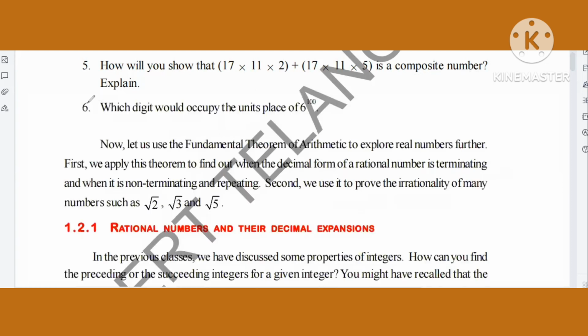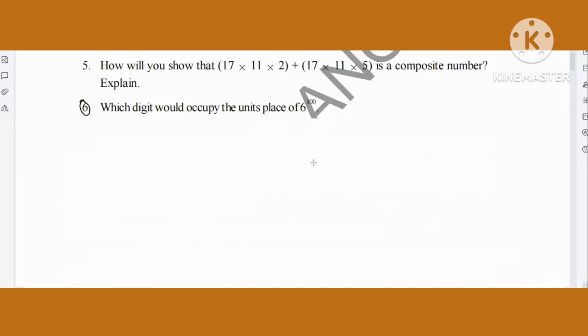And now we go for the last one in exercise number 2, that is: which digit would occupy the units place of 6 power 100? Okay, so here 6 power 100 is there. Let us observe 6 power 1, 6 power 2, 6 power 3.